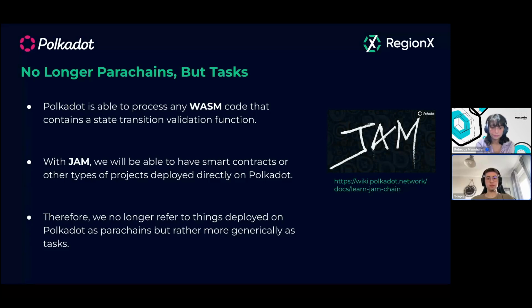So this is really something that is more generic, and this is why in this 2.0 model, we are going to refer to these things as tasks. And also with JAM, which is still under development, there will be even more interesting things able to be deployed on Polkadot, like having smart contracts directly running on one of its cores.